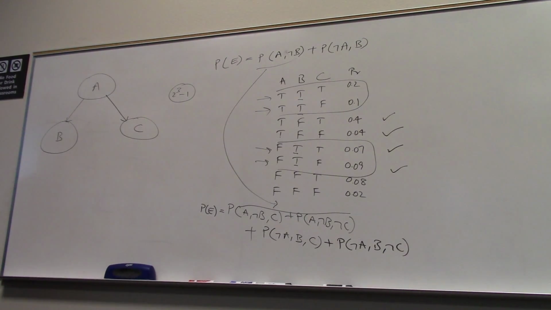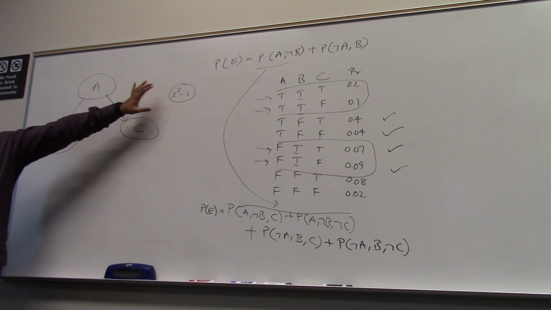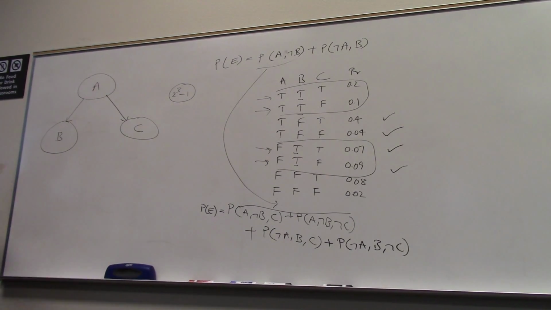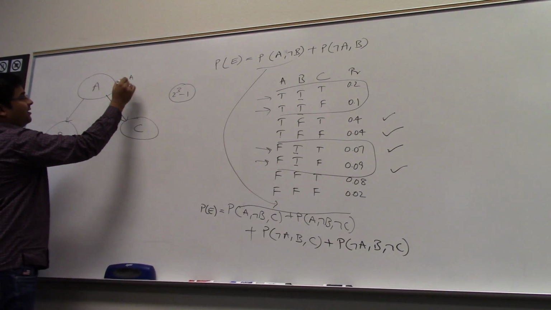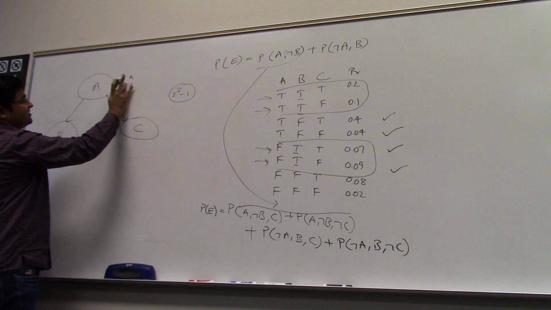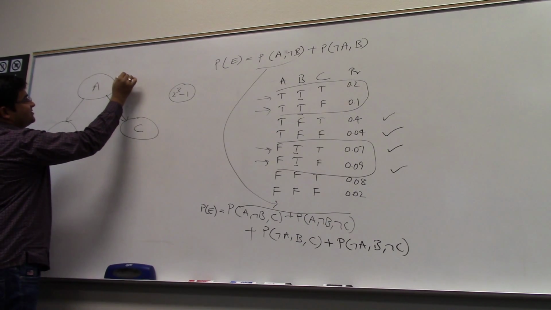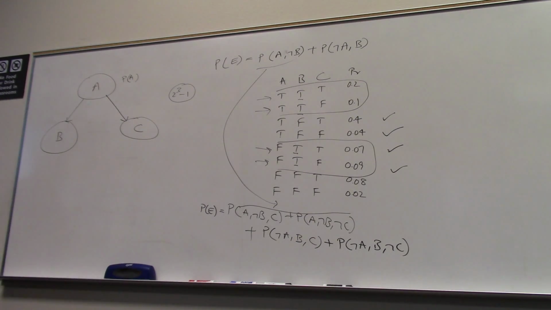So then I don't need 2 power 3 minus 1 probabilities to solve any query on this. If this information is given, that B is independent of C given A and C is independent of B given A, then I just need the probability that A is true and A is false. Somebody should just tell me the probability of A, and I can automatically get A being false as 1 minus that.